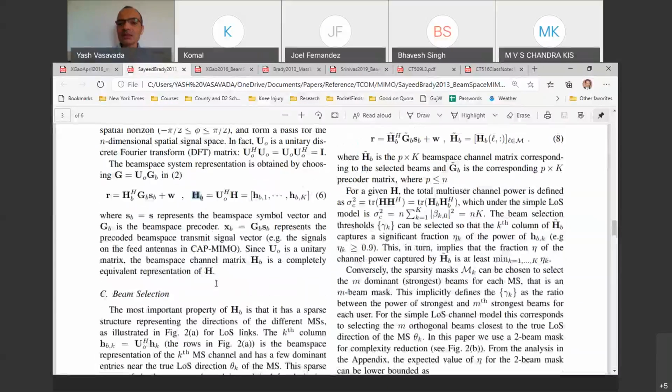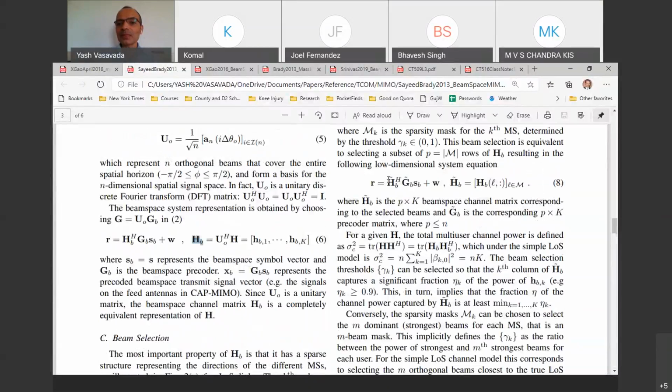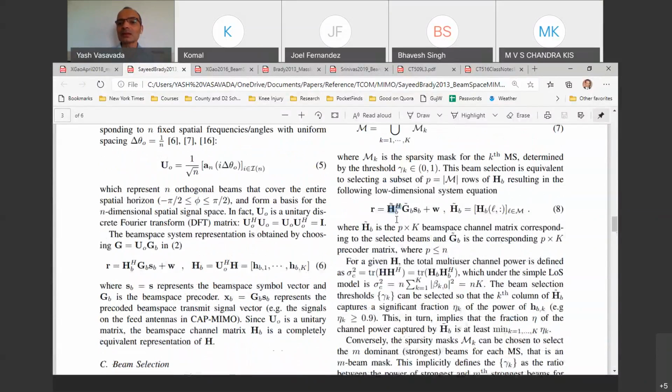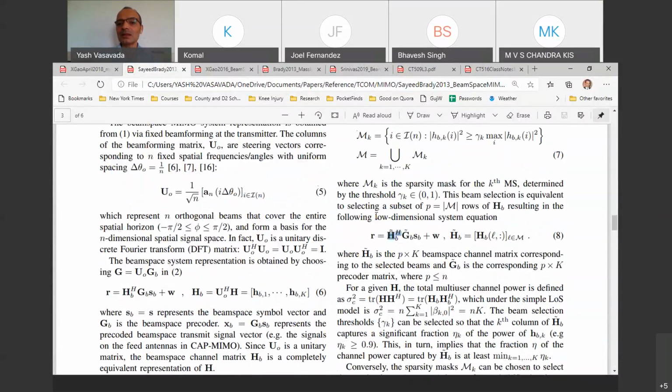Here they are reducing the dimension, a low dimension system, h of b, and therefore g also will be lower dimension. The main objective is to make h lower dimension, and because of that they can reduce the hardware requirements.